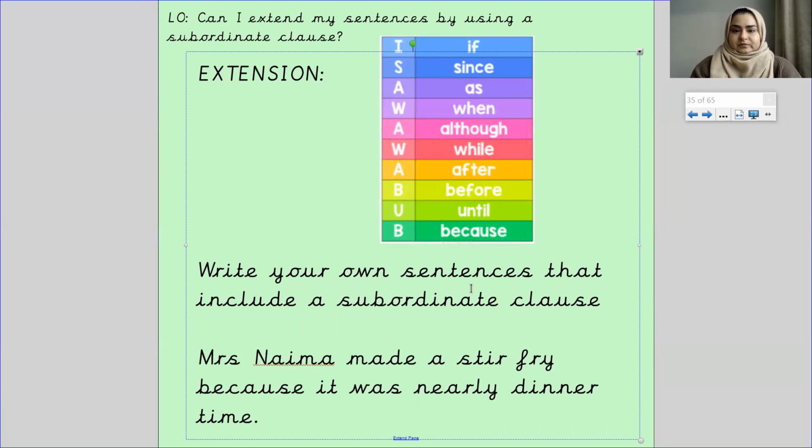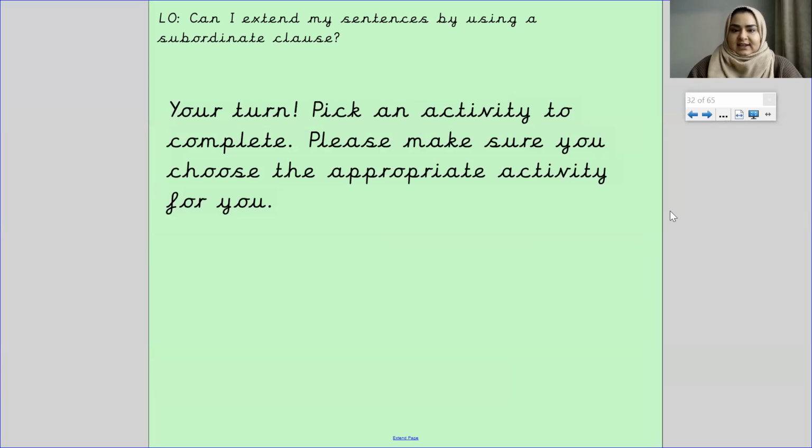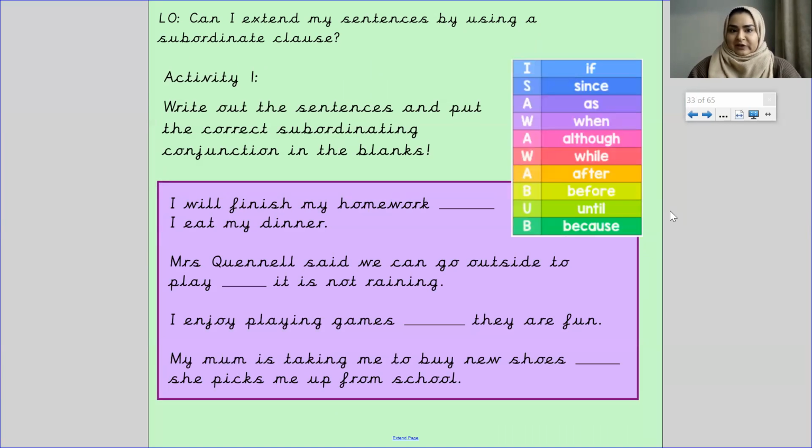Okay, now remember, pick an activity that is appropriate for you, and then pause on that part of the video that shows your activity.